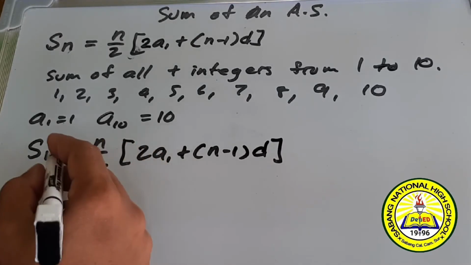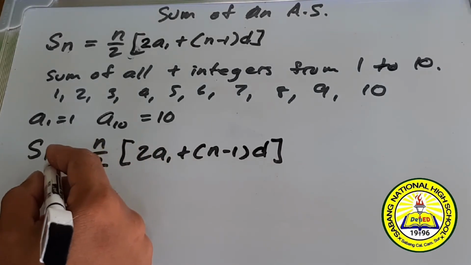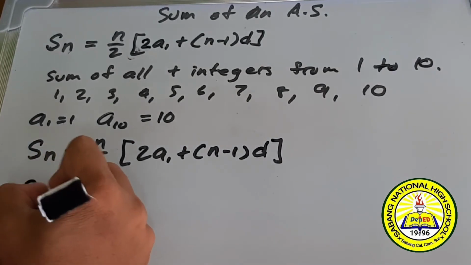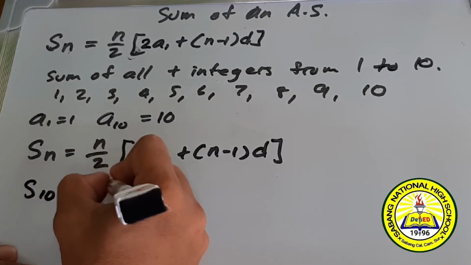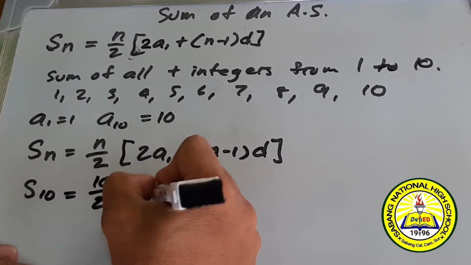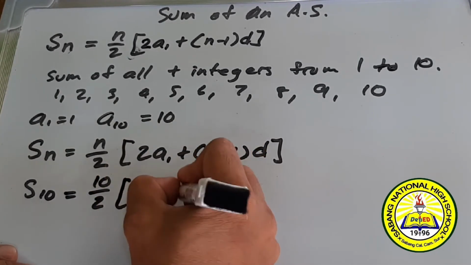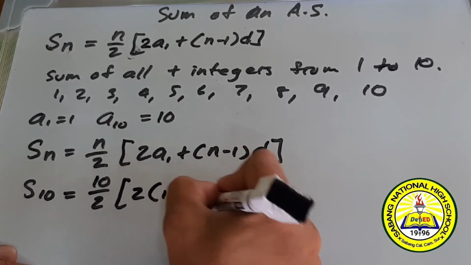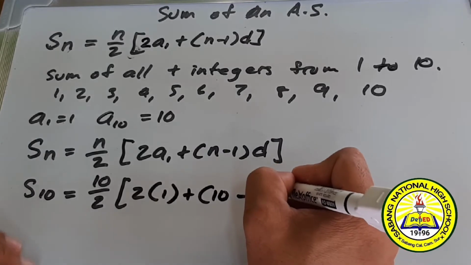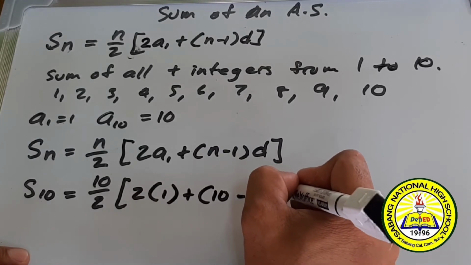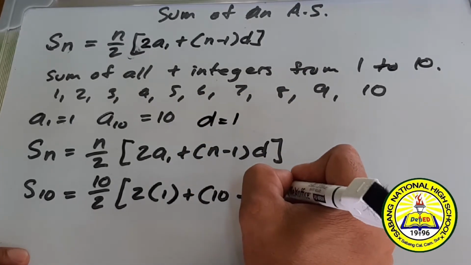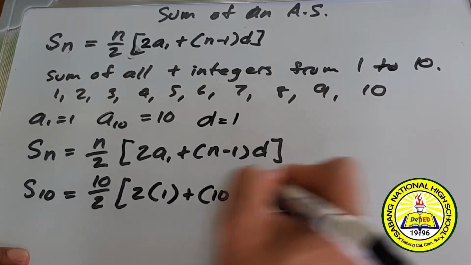Here n stands for the number of terms, so we have S sub 10 is equal to 10 over 2 times the quantity 2 times a sub 1, which is 1, plus n, which is 10, minus 1, times the common difference. The common difference is 1, times 1.